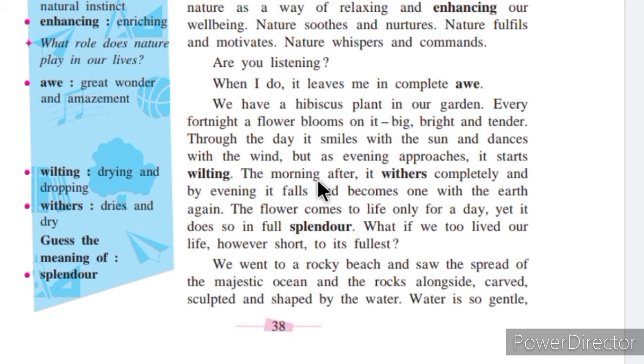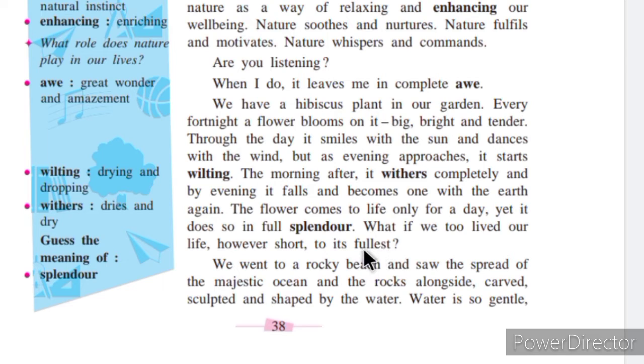The morning after, it withers completely, and by evening, it falls and becomes one with the earth again. The flower comes to life only for a day, yet it does so in full splendor. Splendor means magnificence. What if we too lived our life, however short, to its fullest?